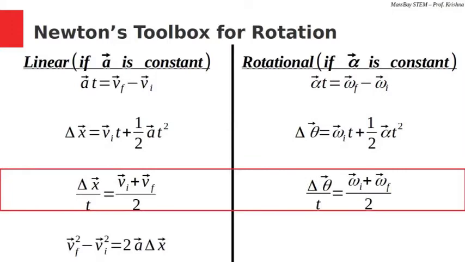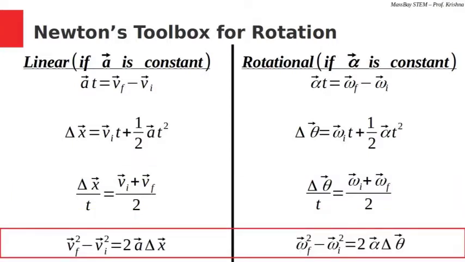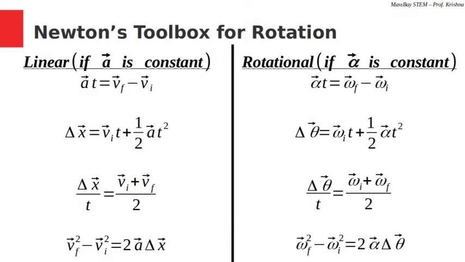The third one states that angular displacement over time equals average angular velocity. And the fourth one states that the difference between the squares of the velocities equals 2 times the angular acceleration times the angular displacement. These then are Newton's Toolbox Equations for rotation.